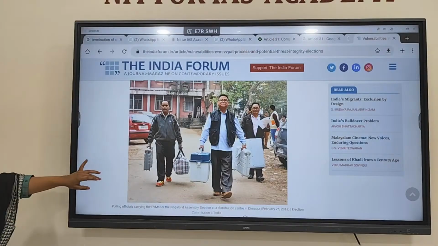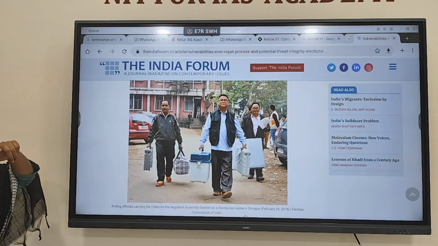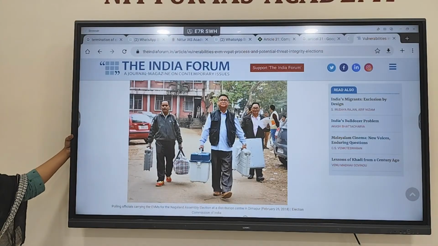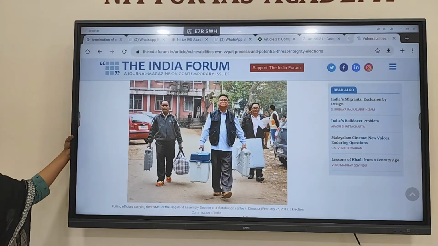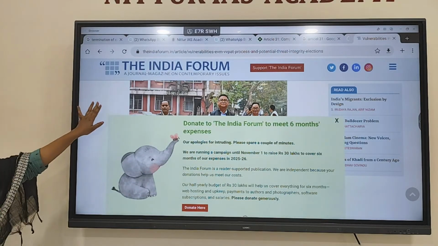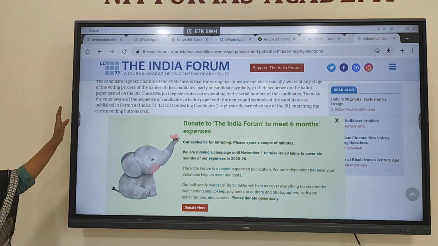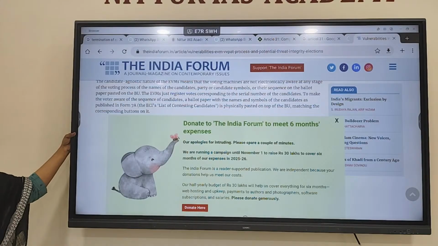And our EVM machine and VVPAT concept is being used in foreign countries as well, in South Africa too. They purchase these EVM machines and VVPAT from India and conduct elections in their countries. Okay.